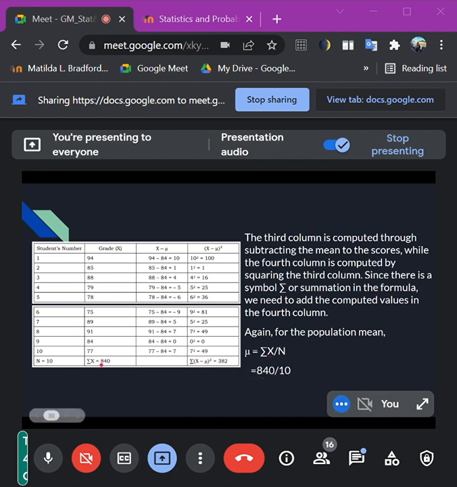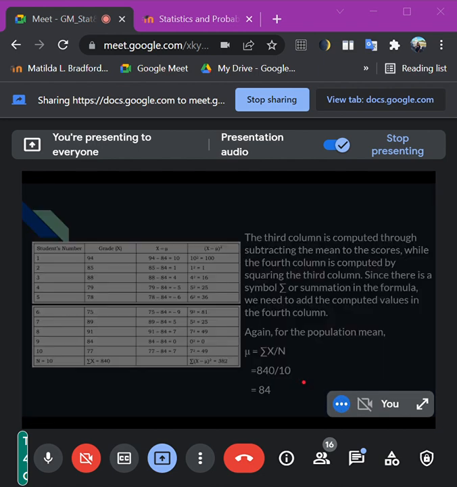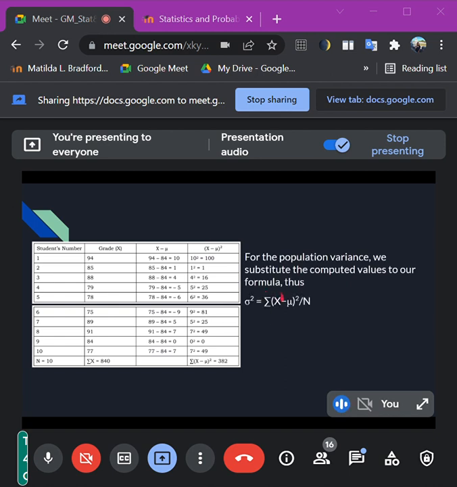And then for population variance, we can use this one: summation of the given data minus mu, squared. So 382 over N, since we have N equal to 10 in the population. So 382 divided by 10, that is 38.2. And that is now your population variance.